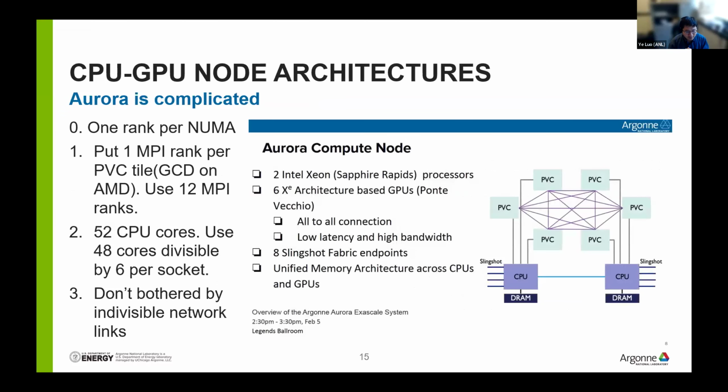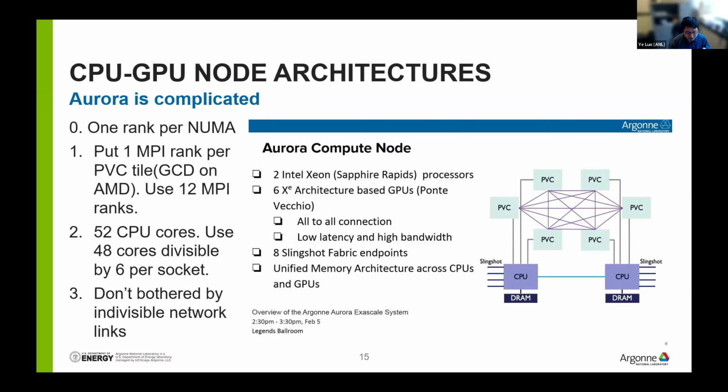I think users find setting affinity is relatively easy on AMD machines because the number of cores usually is exactly a multiple of the number of GPUs. But unfortunately, it's not the case on the Aurora machine at Argonne.